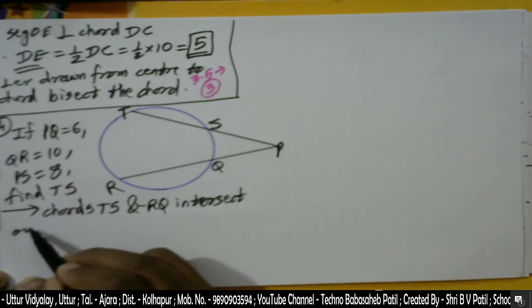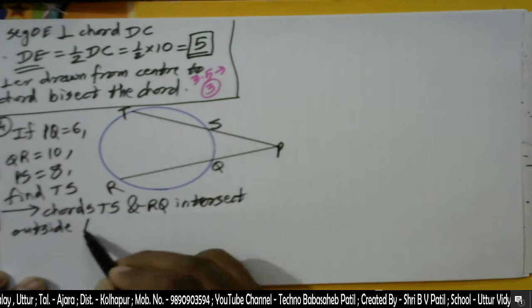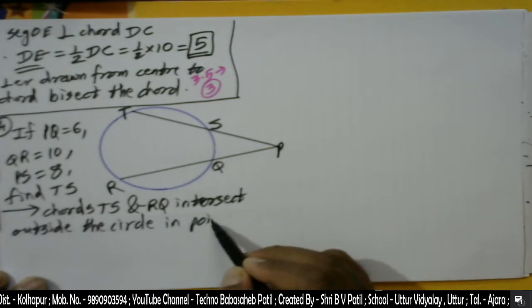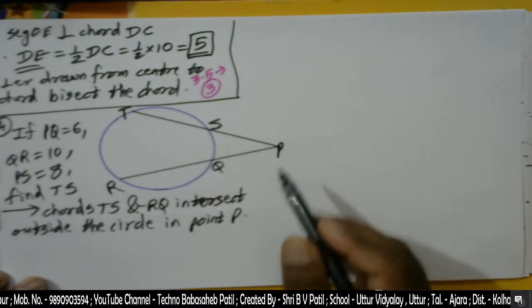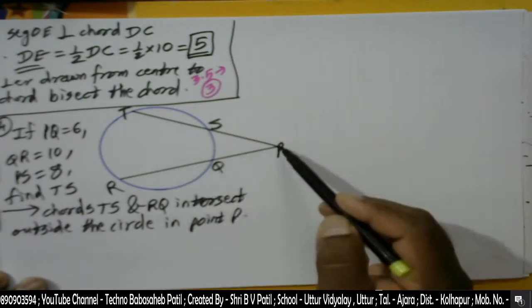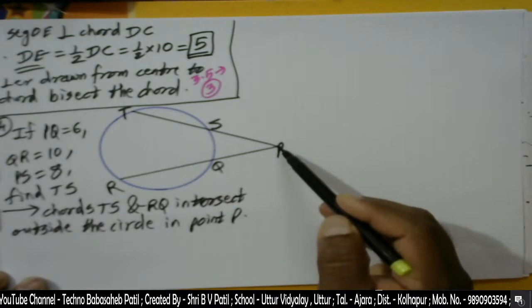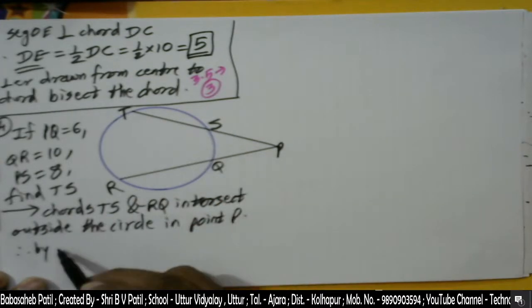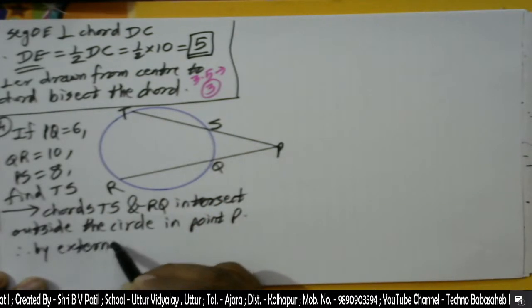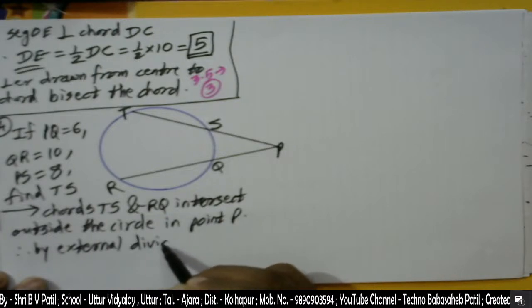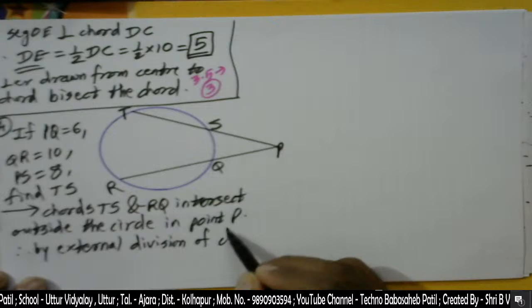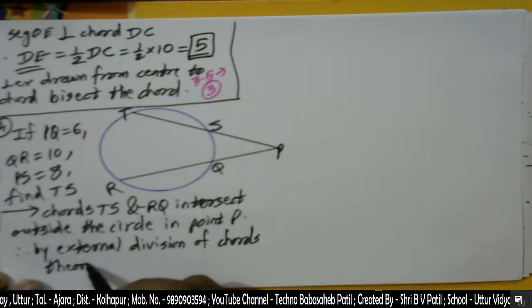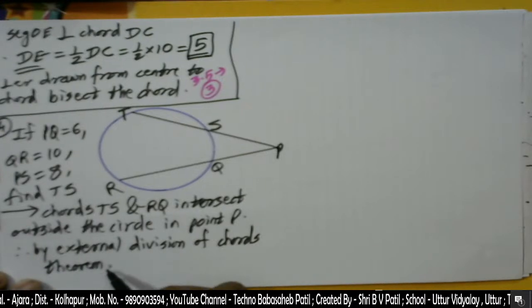Two chords intersect outside the circle in point P. Therefore, we can use the external division of chords theorem here.